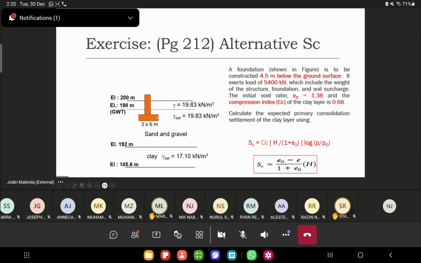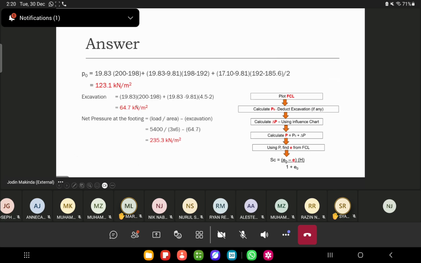Therefore, your excavation is 2 meters of the first layer plus 2.5 meters of the second layer. Therefore, the pressure of the excavated soil when you are digging for the structure is 64.7.